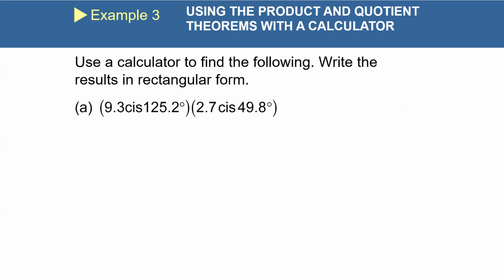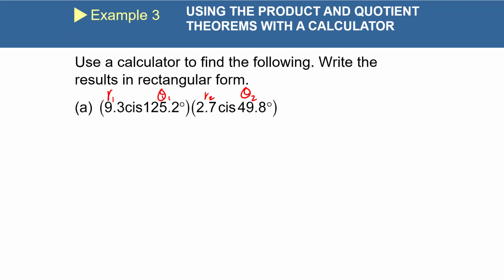Example 3? All right. So example 3, it says to use a calculator to find the following. So we're going to be calculating our non-unit circle values. So if I'm finding this, before I put it in the calculator, I want to condense it as much as I can. Does that make sense? So the goal before putting in the calculator is to condense it. So you're still going to have your R1, your theta 1, your R2, and your theta 2.